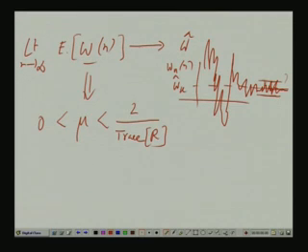Now, this misadjustment, or what we sometimes call excess mean square error, exists because even with the optimal weights, epsilon has some value. It is minimum, I agree, but some value.